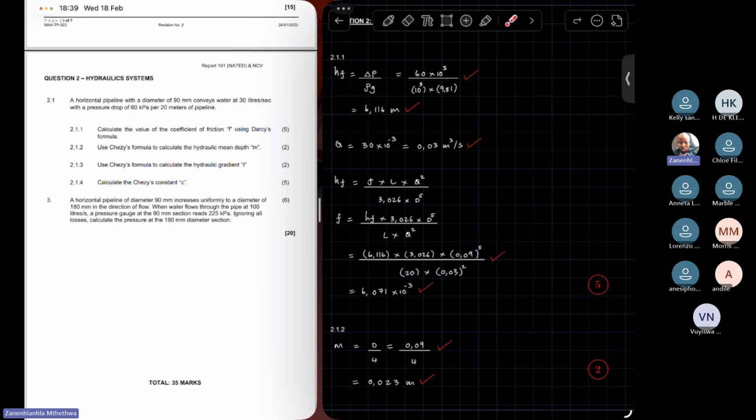So having established what exactly you've been given, you now look at your question 2.1.1: calculate the value of the coefficient of friction F using Darcy's formula.